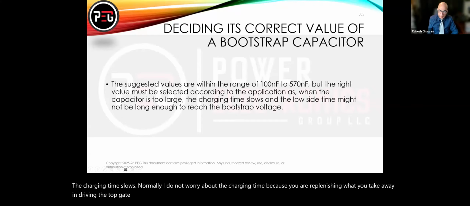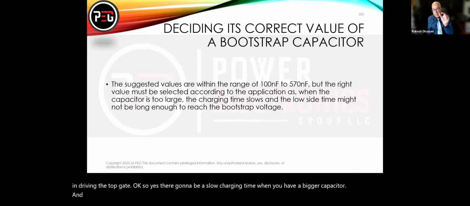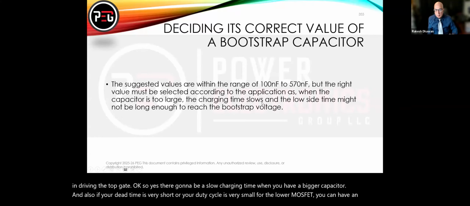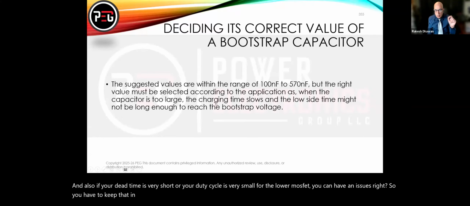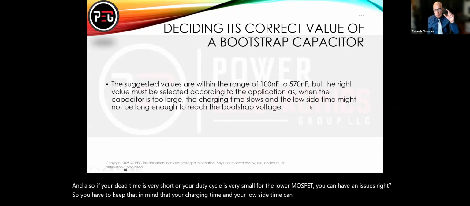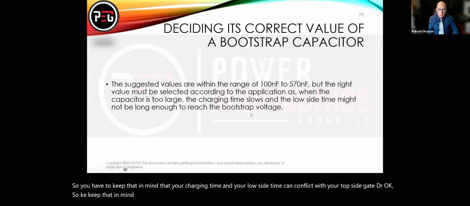Okay, so yes, there's going to be a slow charging time when you have a bigger capacitor. And also, if your dead time is very short or your duty cycle is very small for the lower MOSFET, you can have an issue, right? So you have to keep that in mind, that your charging time and your low side time can conflict with your top side gate drive. Keep that in mind when you are doing your selection of the bootstrap capacitor.